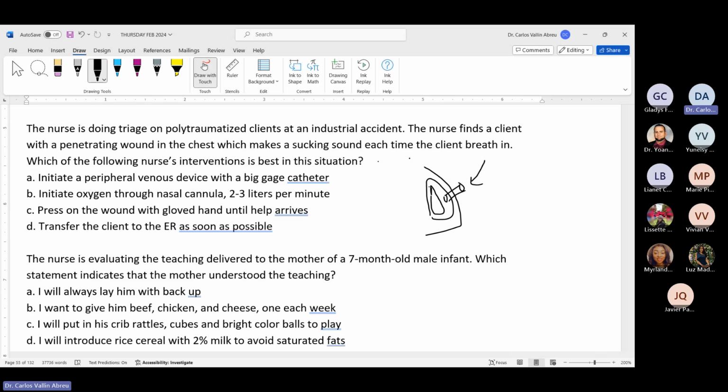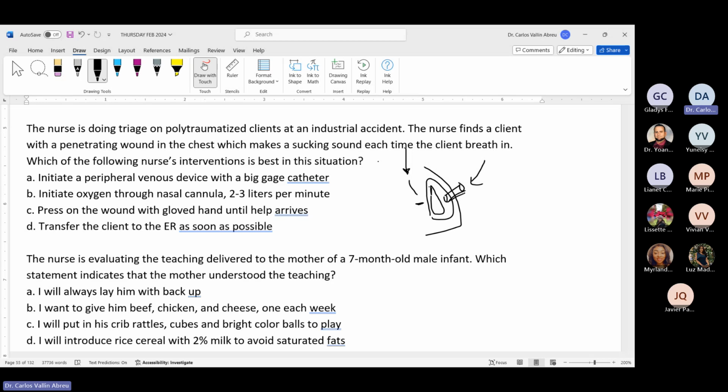Each time the patient breathes in, the client creates a sucking pressure, a negative pressure, like a vacuum, to suck the air through the trachea. All of us, each time we breathe in, create a negative pressure in our thorax, and this is what makes the air enter through the trachea to the lungs.